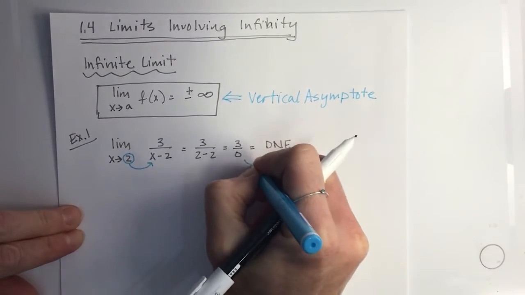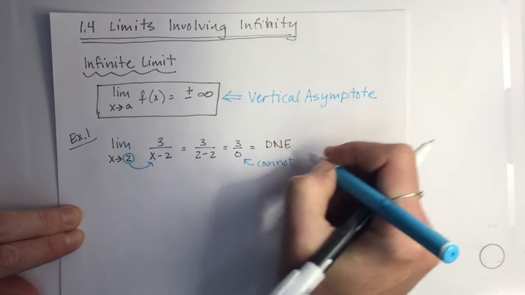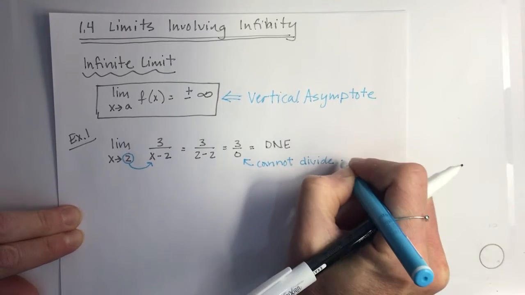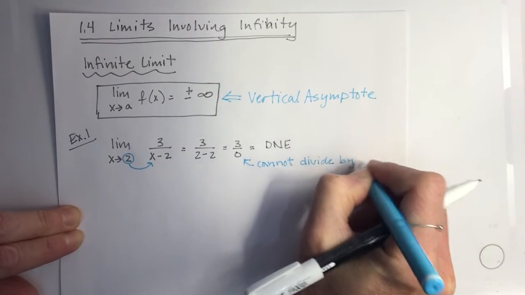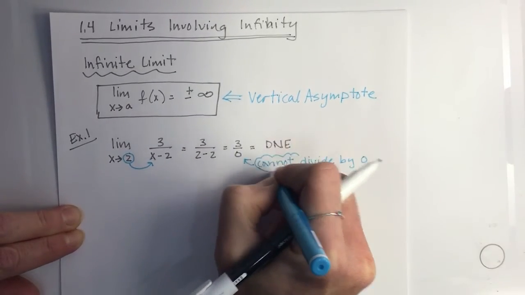So we cannot divide by 0. So anytime you get a number divided by 0, you have a vertical asymptote.